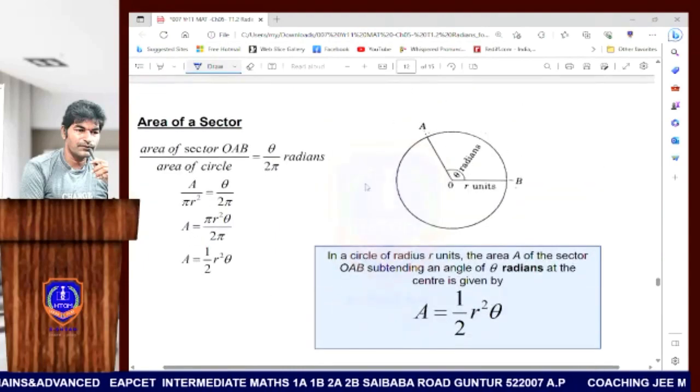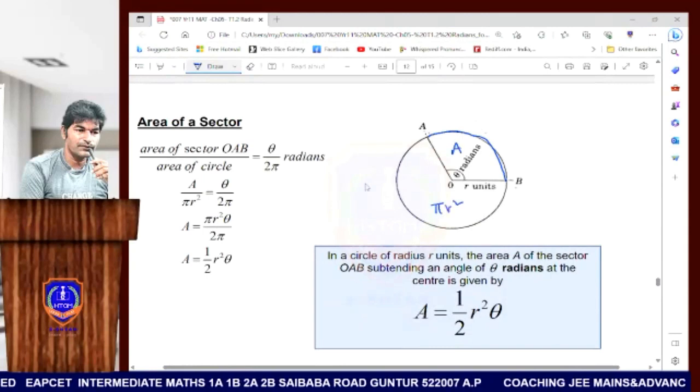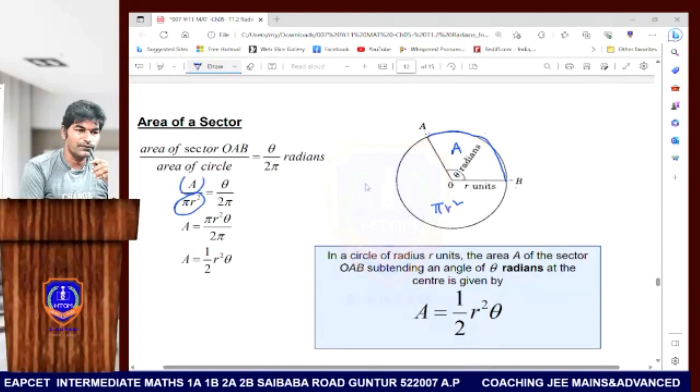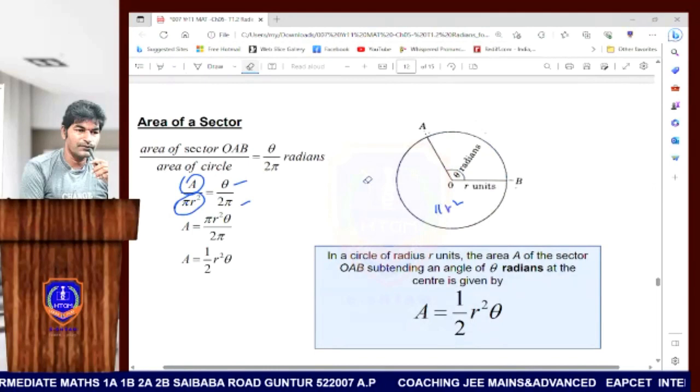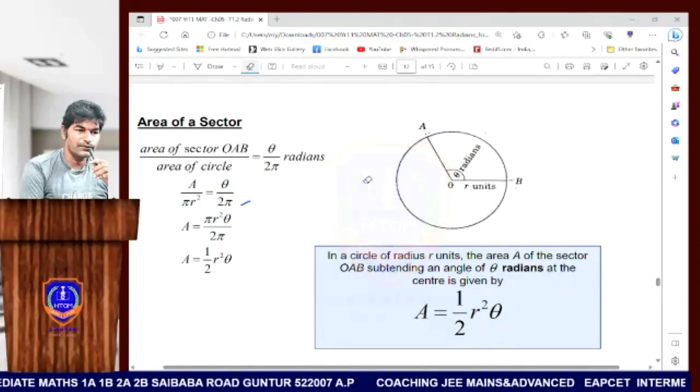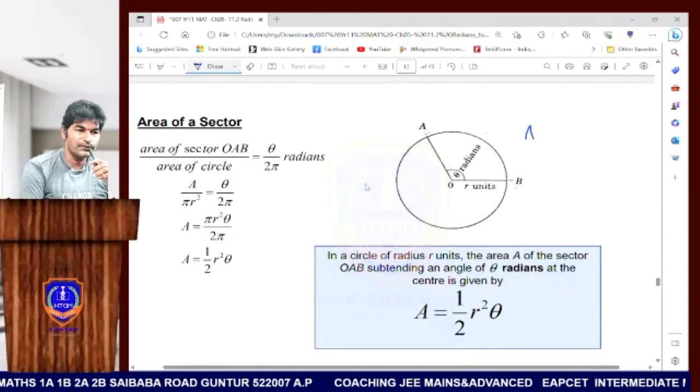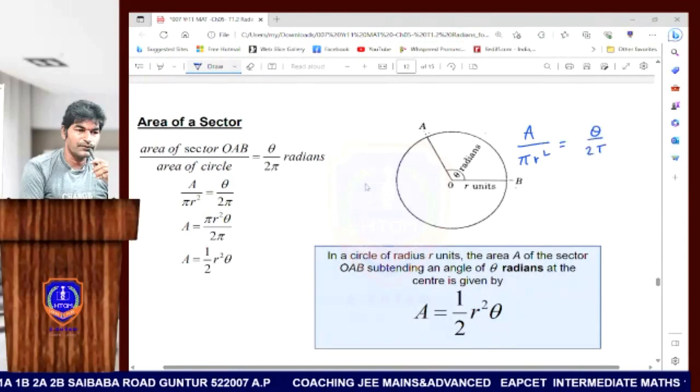So first we say the OAB area divided by the entire circle area. Say this sector area is A and the entire circle area is pi r square. The covered angle is theta and the total angle is 2 pi. If that procedure is understandable, then you can derive this formula. A by pi r square equal to theta by 2 pi.